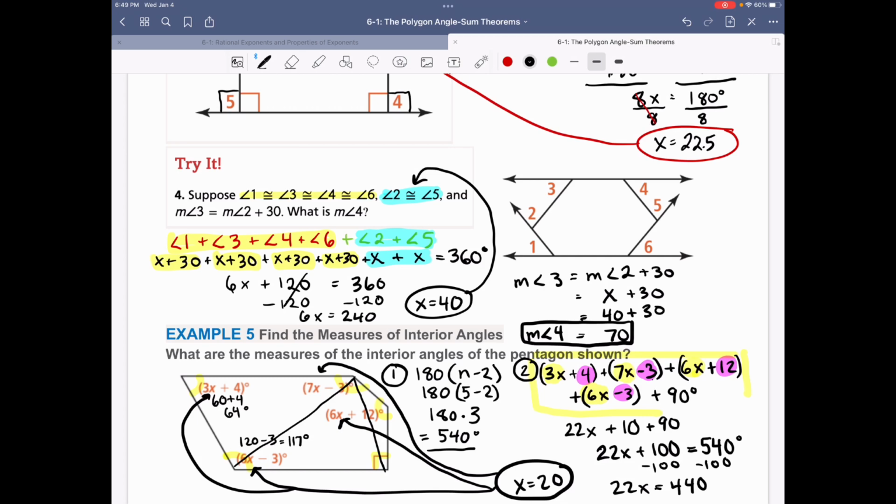Plug it into this 6x plus 12: 6 times 20 is 120 plus 12. That is 132 degrees. So I'm going to circle these just so we can keep them straight. And then 7 times 20 is 140 minus 3 is 137 degrees.